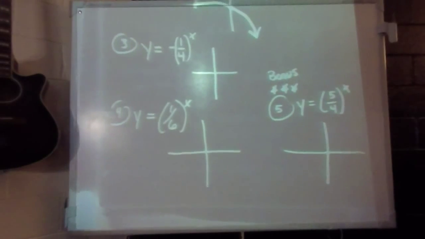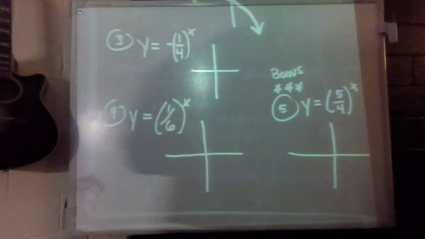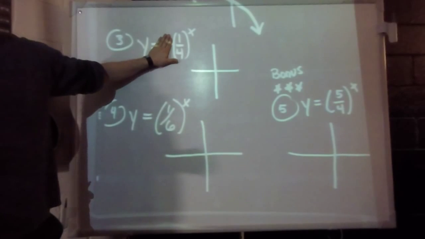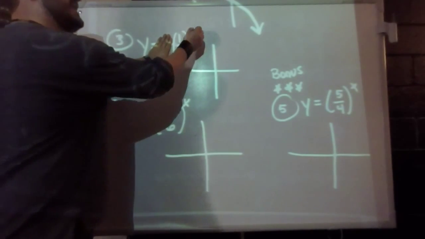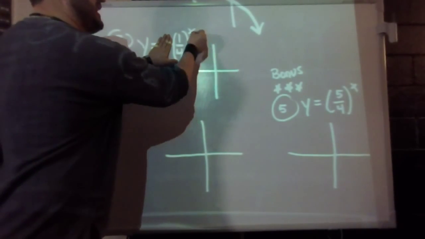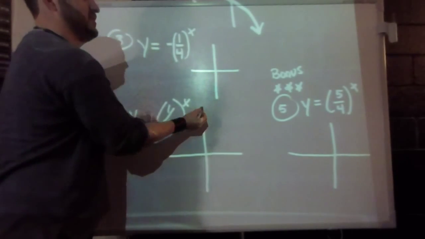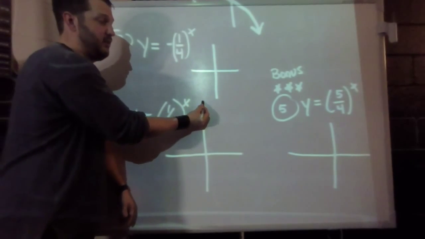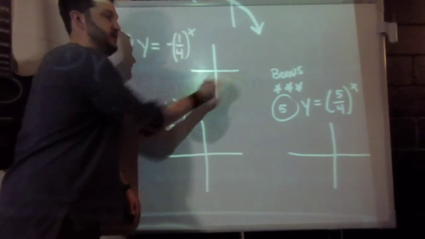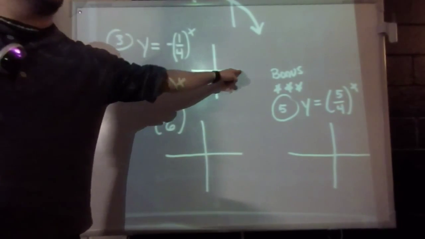I've got negative, now this is a 1/4 to the x. Now, if it was positive 1/4 to the x, it does this. So negative 1/4 to the x flips it. So come from negative infinity, from way down low, hit here and even out.